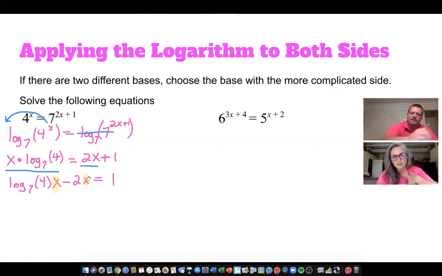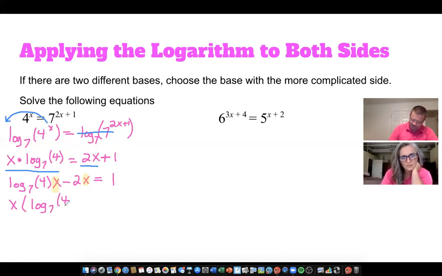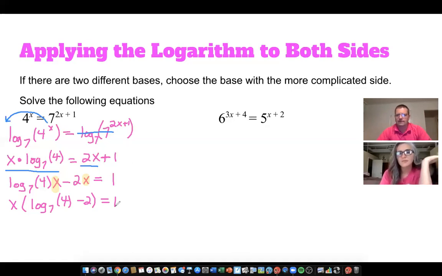I'm going to factor out a GCF of x, and then I'm going to have something else left over. Okay? So I'm going to have x times log 7 of 4, which I know is some decimal. I just don't want to play with a decimal right now because I'm tired and it's been a long day. But I've got x times some icky decimal minus 2 equals 1.